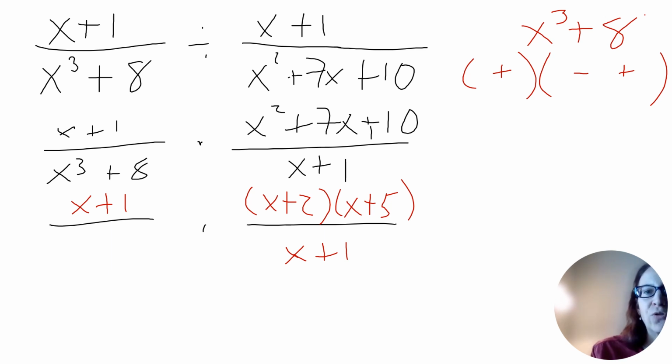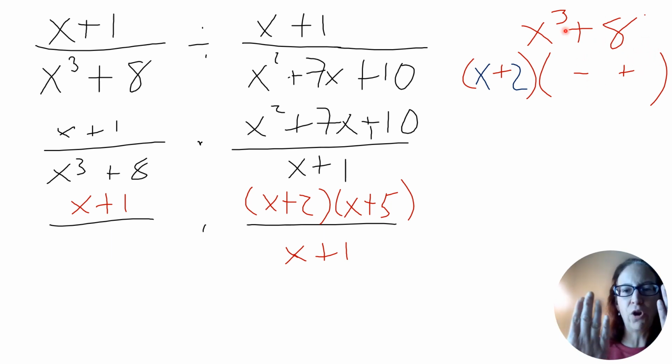And it is. So to get that factor, you simply take the cube root of the x cubed and the 8. So what cubed gives you x to the third? That would be x. What cubed gives you 8? That would be 2. And then to get the other parenthesis, we make our sandwich. We square it, smush it together.